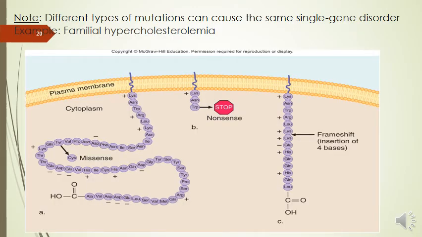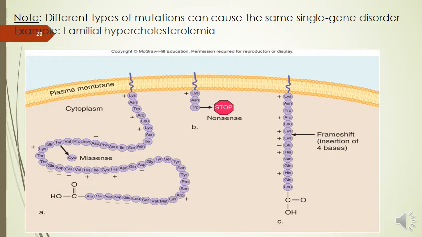If we look at this slide, we can see a missense mutation in the gene encoding the low-density lipoprotein, LDL, receptor that is abnormal in familial hypercholesterolemia. If we look at A, B, and C: in A, we see that it bears a missense mutation.